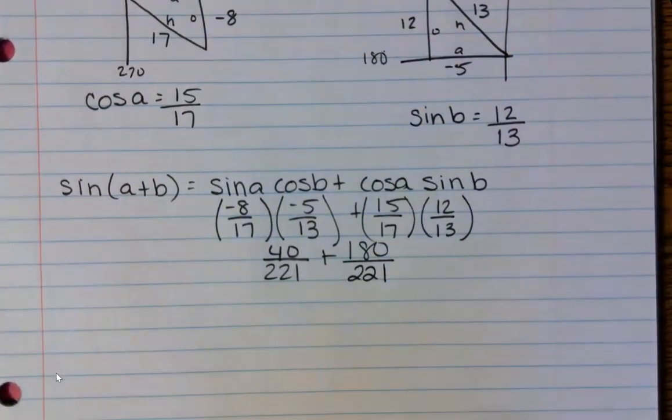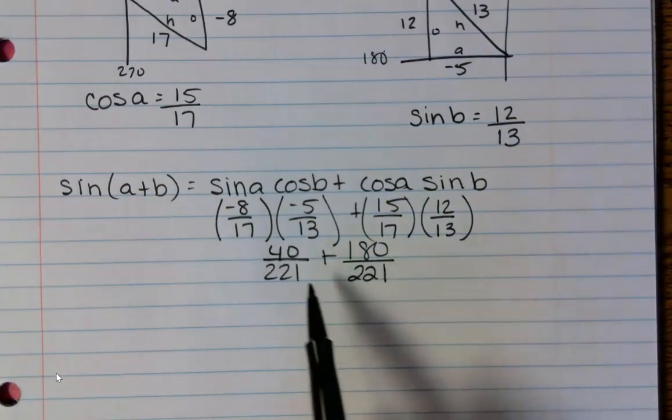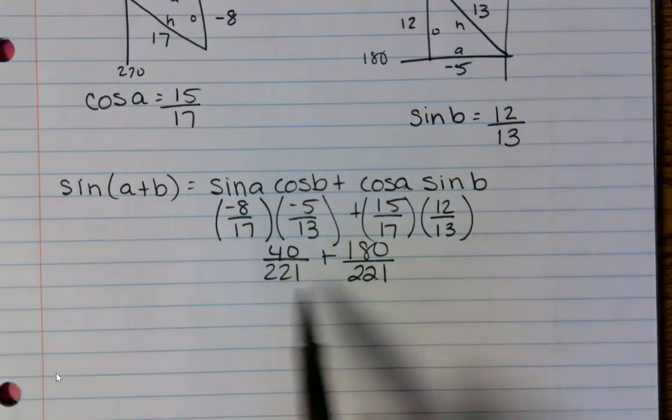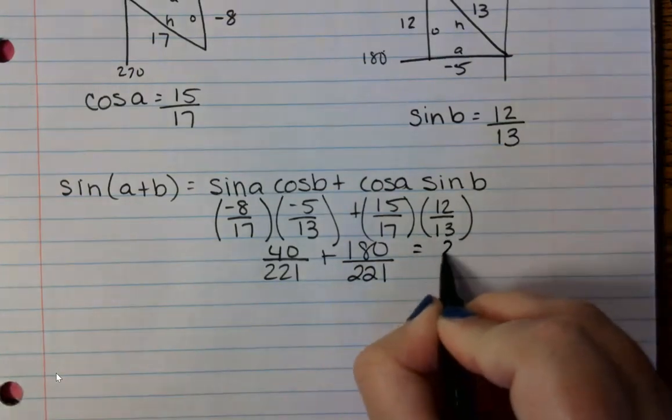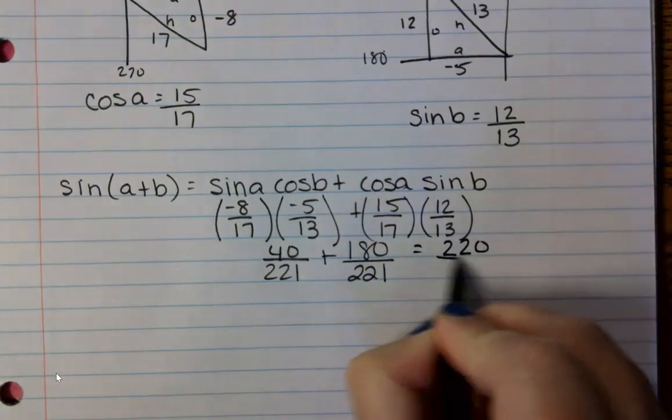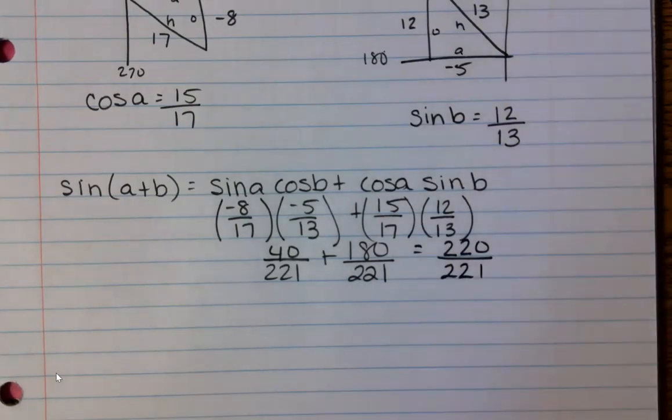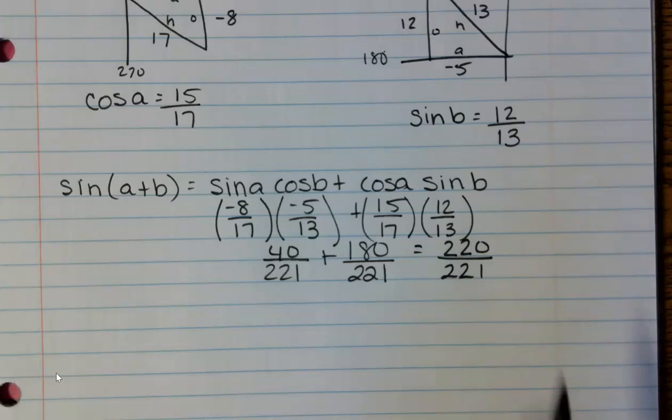If at this point you do not have a common denominator, please stop. You have made a boo-boo. And your final answer is going to be 220 over 221. We can't reduce it because this is not reducible.